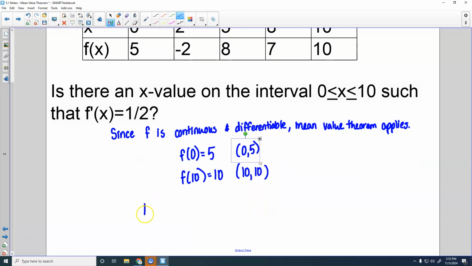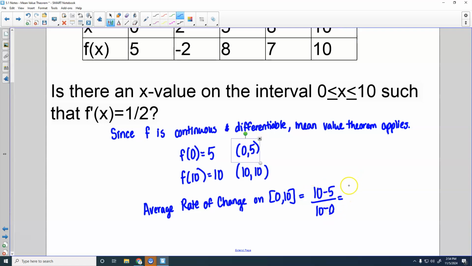Our average rate of change on [0, 10] would be (10 minus 5) over (10 minus 0), which will give me 5 over 10, which equals 1/2.